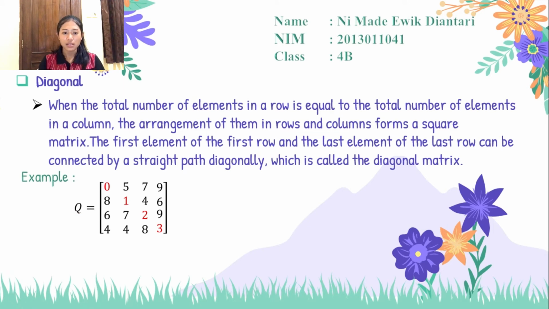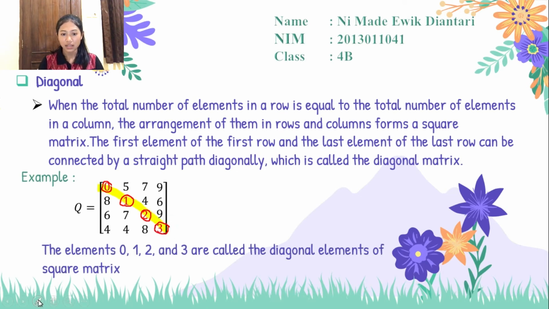The elements 0, 1, 2, and 3 can be connected diagonally by a straight path. Hence, the elements are called the diagonal elements of the square matrix.